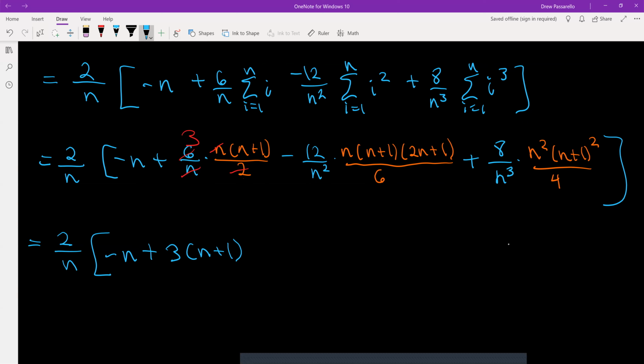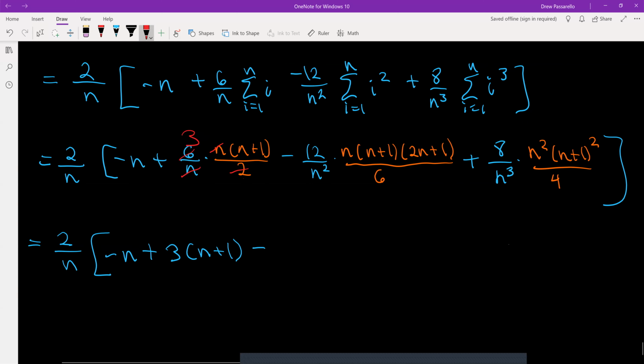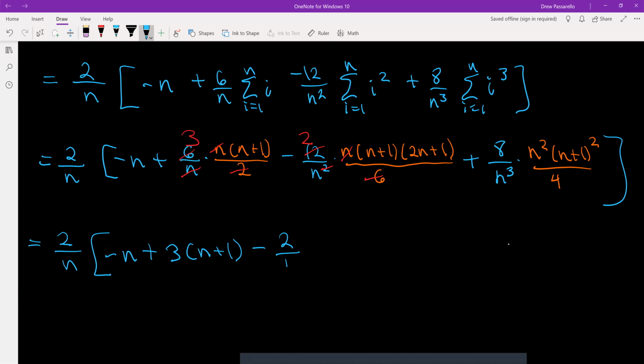All right, now the next thing. Well, I can divide out n from n squared, so that's just 12 over n, but then I can also do 12 divided by 6, which is 2. You have 2 over n times n plus 1 times 2n plus 1.